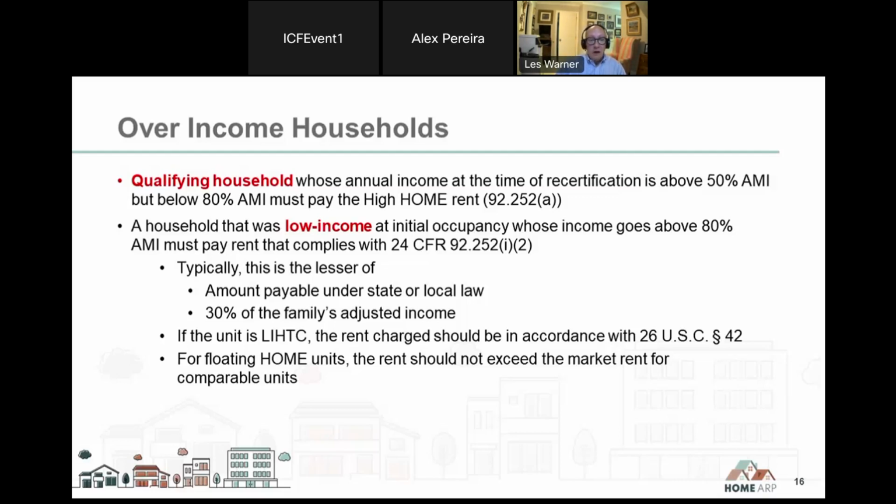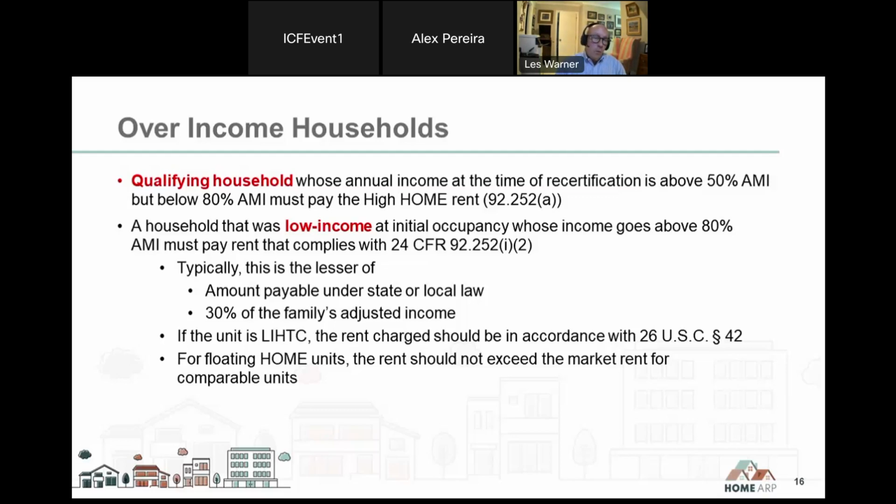For the sector of our occupants that are not QP households, but are our low-income households, we're going to have a separate criteria. When we determine that they were low income at initial occupancy and then their income goes over 80%, we're going to follow our income adjustments based on the HOME regs at 92.252, item 2.